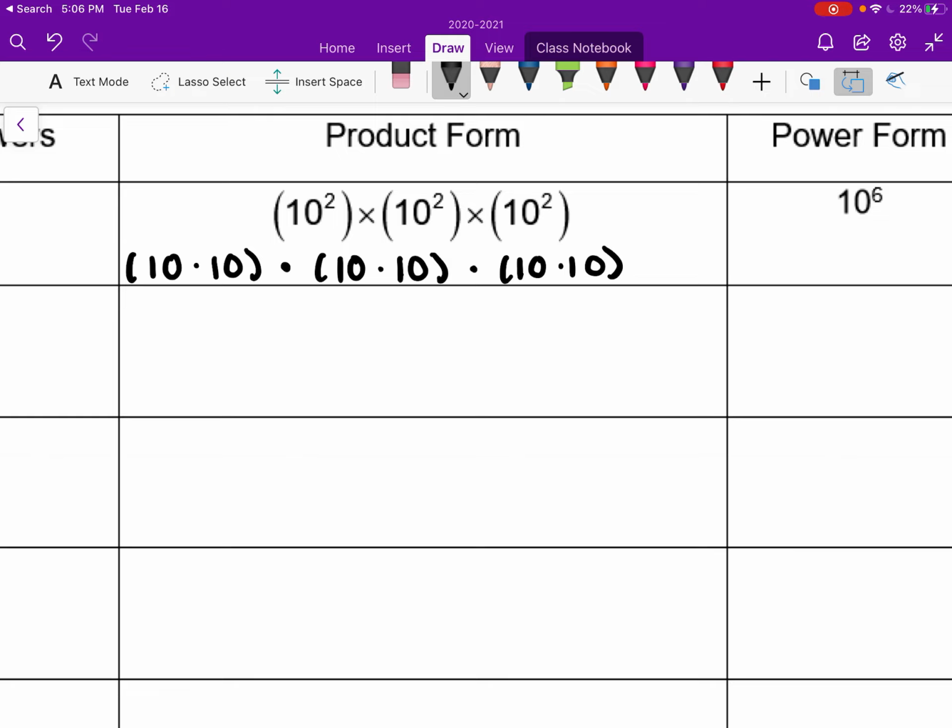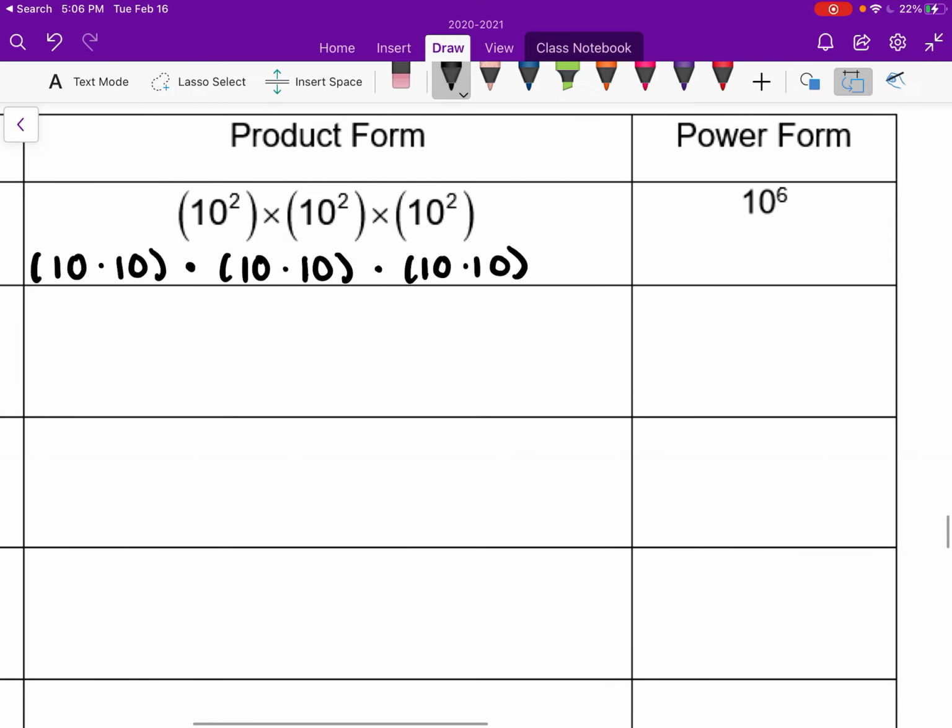Or, because these are multiplying by each other, it's going to be 10 to the power of 2 plus 2 plus 2. Because they're the same base, I can just add the exponents together. So it would be 10 to the power of 1, 2, 3, 4, 5, 6. 10 to the power of 6.